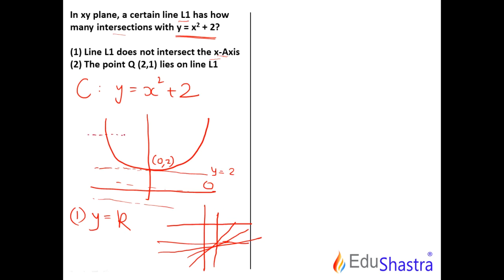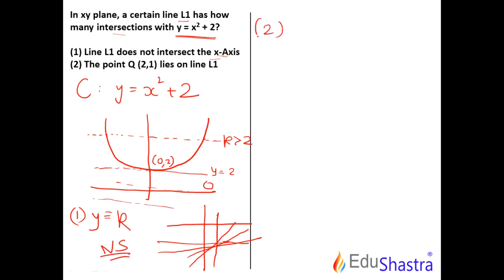On the other hand, if it is of this form, in other words, when k is greater than 2 in y equals k, then it will have 2 points of intersection. So I have different possibilities, so I don't have a definite number of intersections, hence not sufficient.